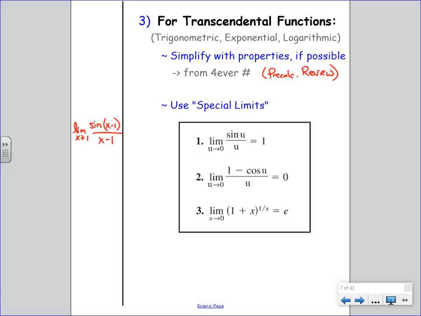Does that make sense? Think about it. u approaching 0 would be x approaching 1. Does that make sense? So then I am able to say that this final answer is 1.